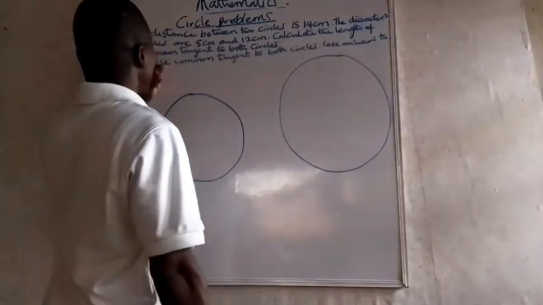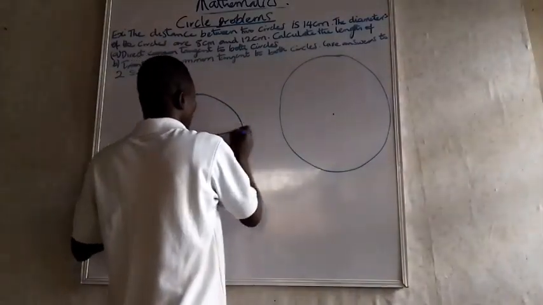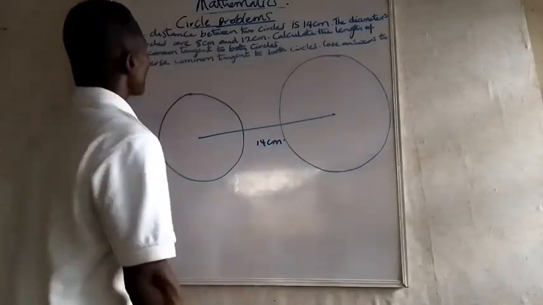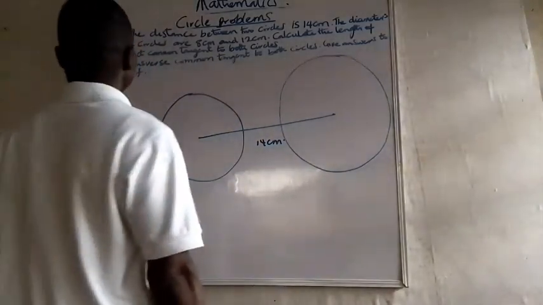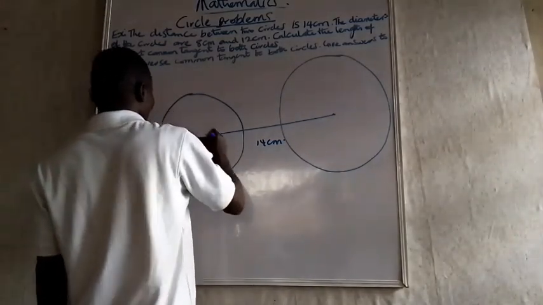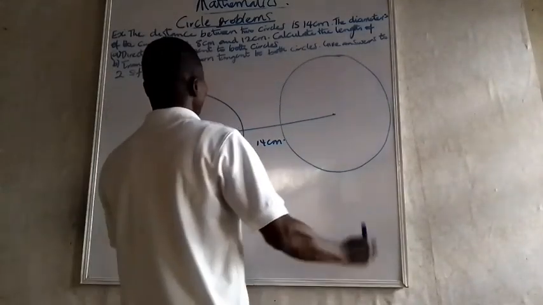And we were told that the distance between them is 14 centimeters. So we have 14 centimeters. And the diameter of the smaller circle is 8. For the bigger one is 12.